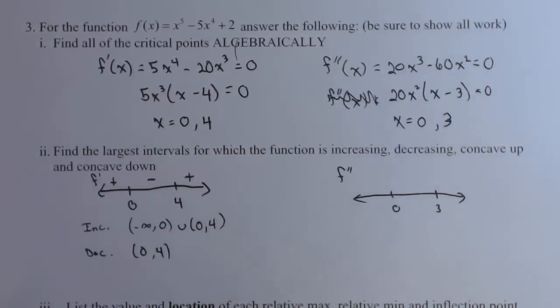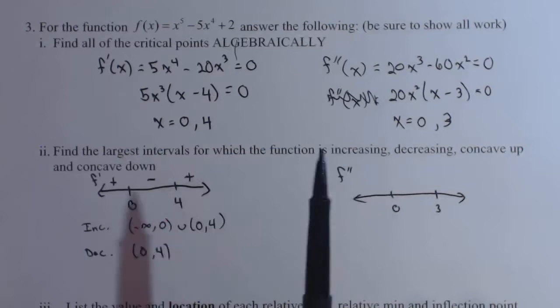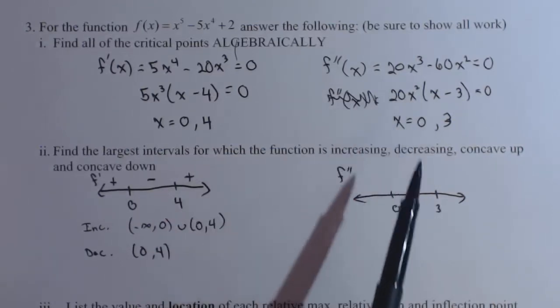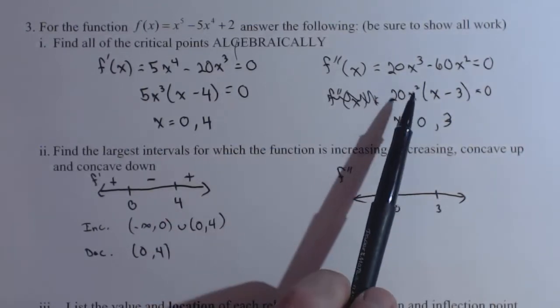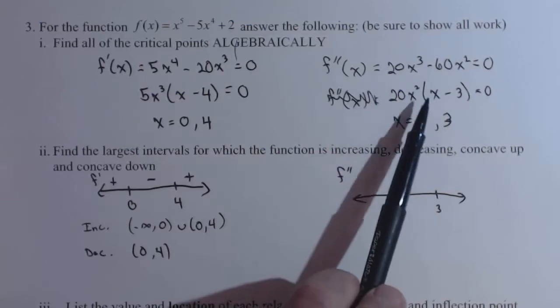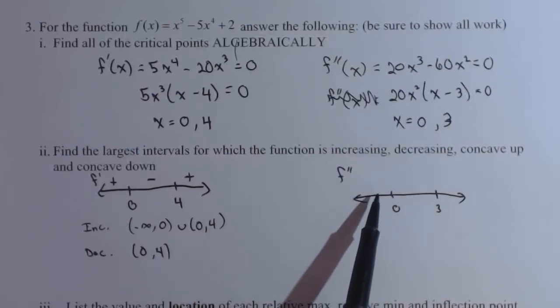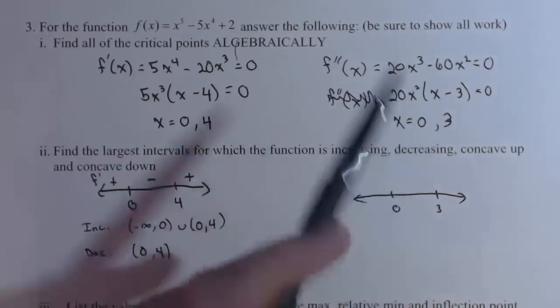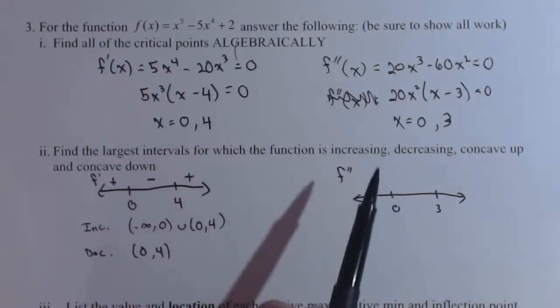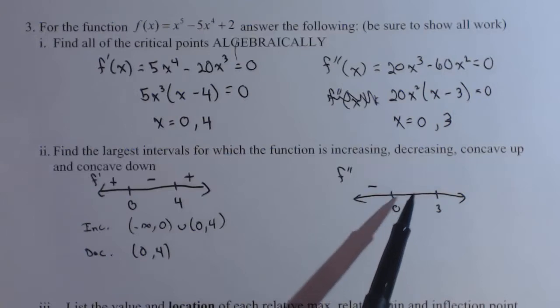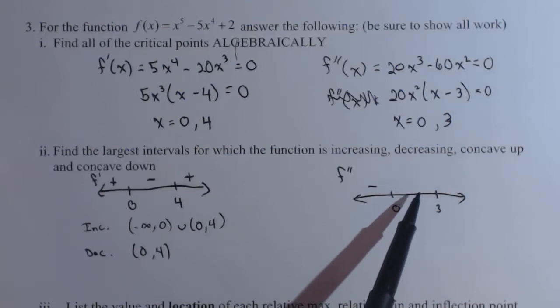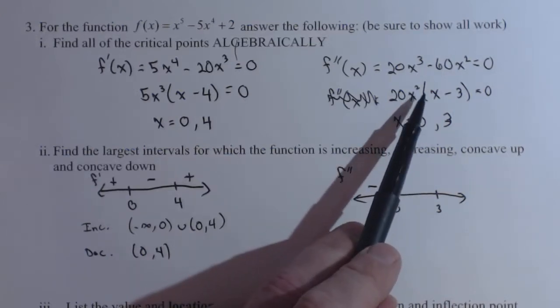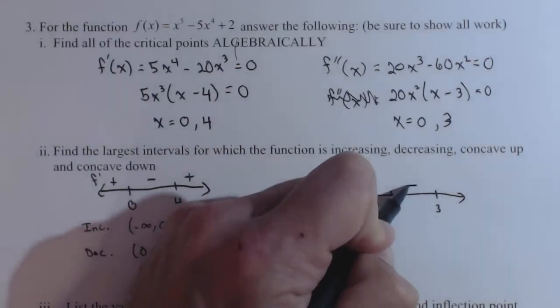I'm going to do the same thing on the second derivative that we did on the first, except now we're testing points in the second derivative. Again, I like using the factored form. I think it's nice and quick. A test point of -1: positive here, negative here, so it would be negative. In between 0 and 3, perhaps a test point of 1: I would have a positive here and a negative here, so it would be negative.